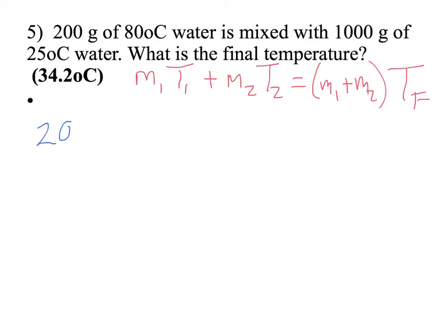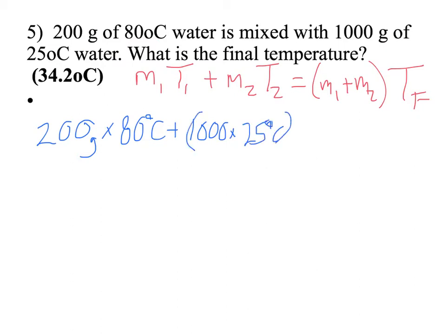I have 200 grams of water times 80 degrees Celsius plus 1,000 grams of water times 25 degrees Celsius. So I've got this number plus this number is equal to 1,200 grams of water times that final temperature.